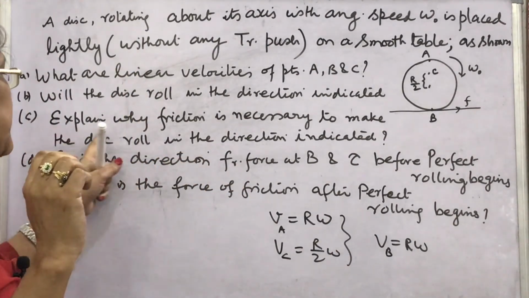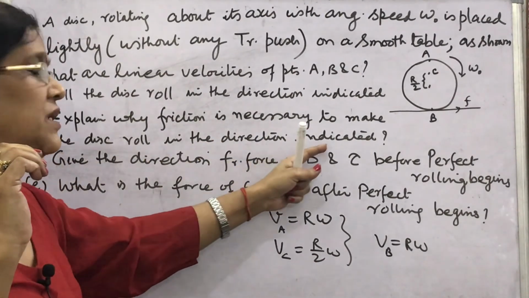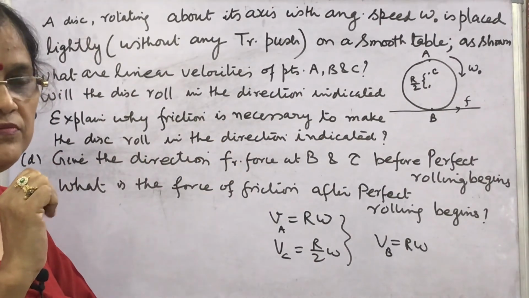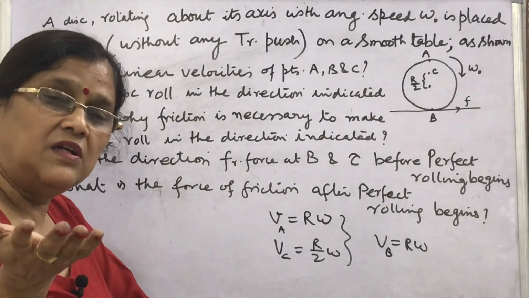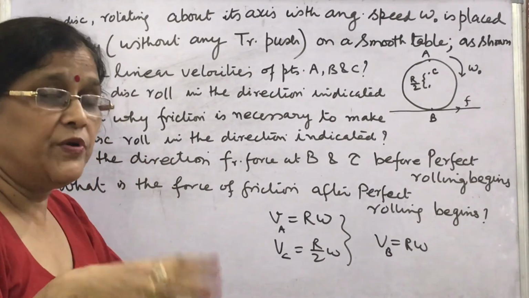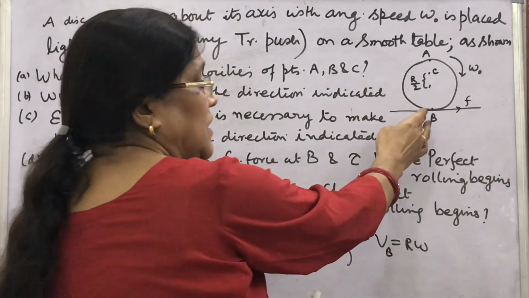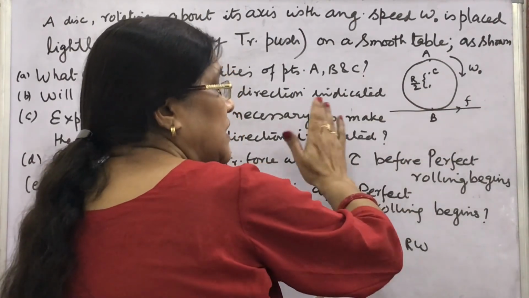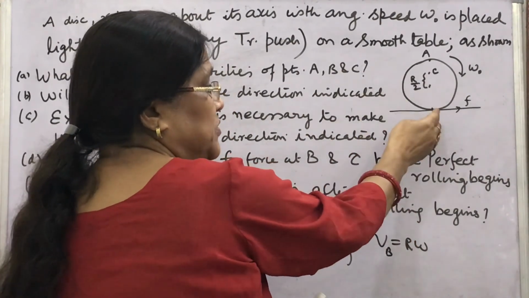Part C, explain why friction is necessary to make the disc roll in the direction indicated. As I told, to roll a disc, torque is necessary. In turn, to produce torque, a tangential force is needed here, the force of friction. If it is there, then the torque will be produced by it.